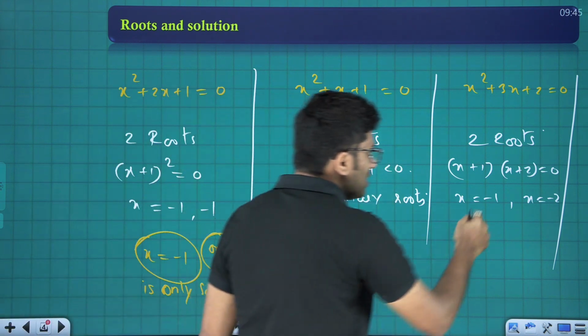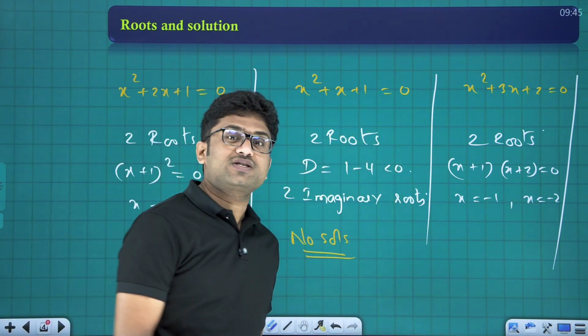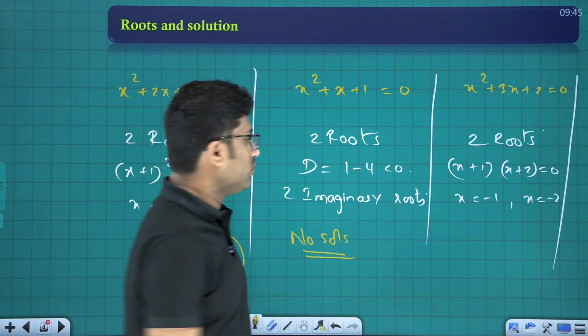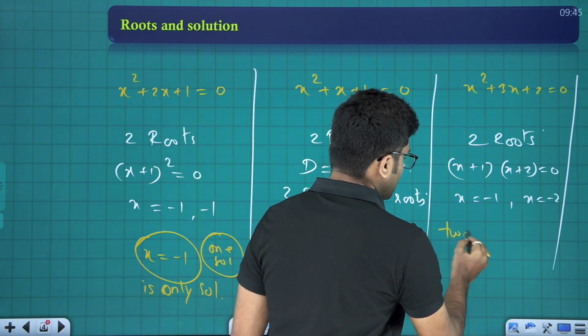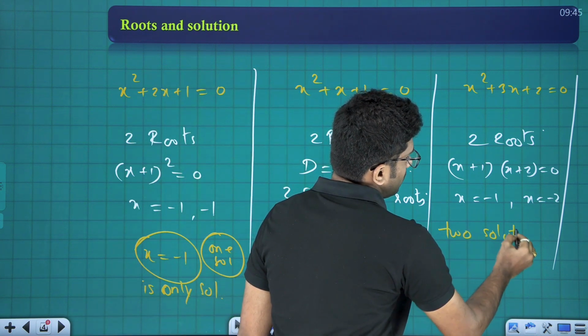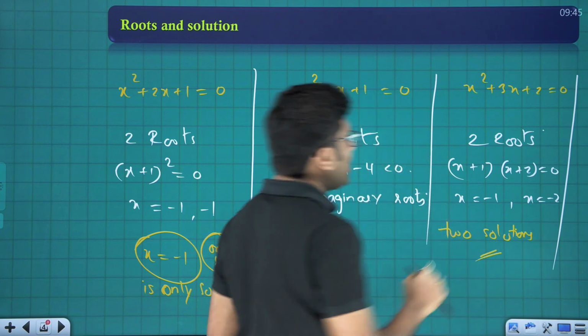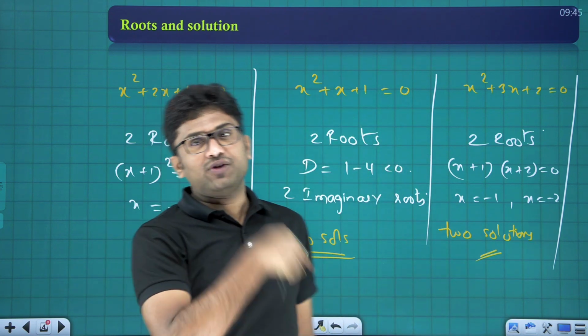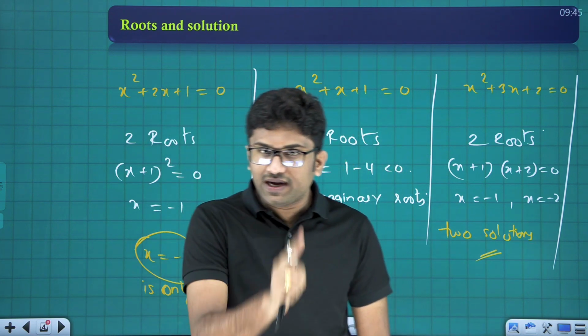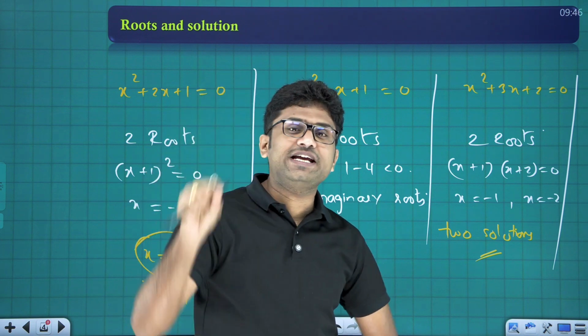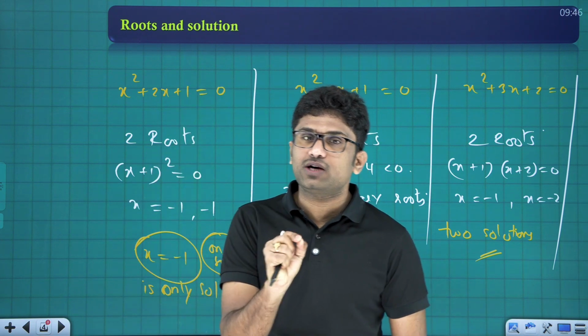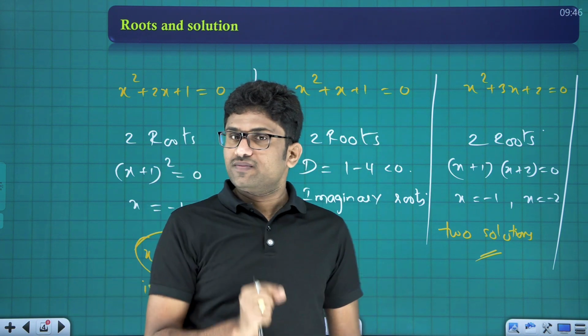Whereas in the third case, we have two roots that are real and distinct, so we say two solutions. So any equation of degree n will have n roots, and the number of distinct real roots we call solutions.